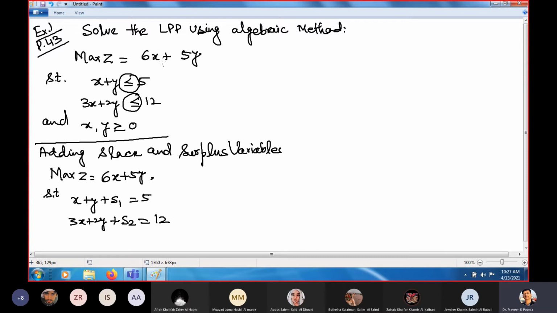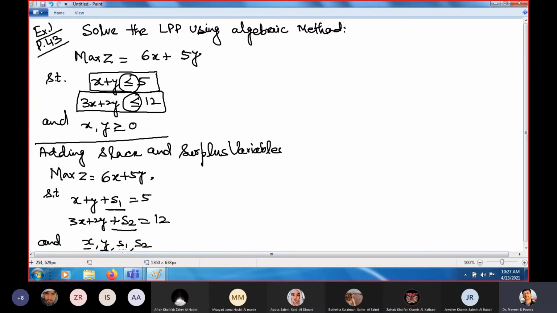So dear friends, in equation 1, less than, we add plus s1, and in the other equation, less than, we add plus s2. And what are the variables now? x, y, s1, s2. There are 4 variables. These given variables are called non-basic variables.